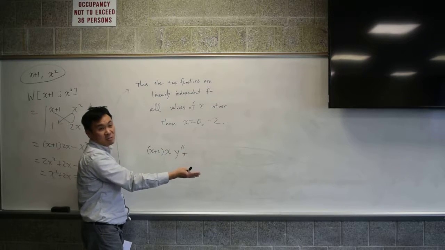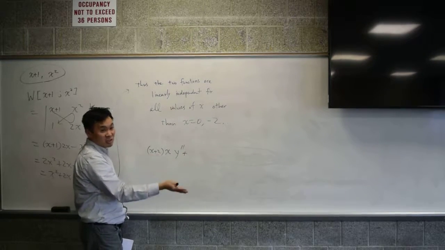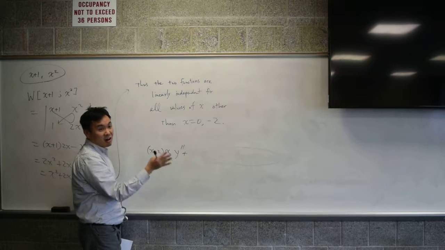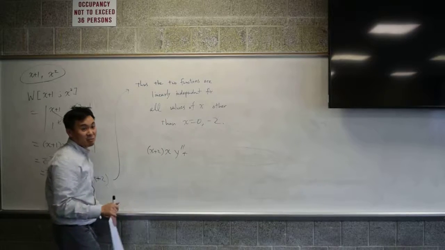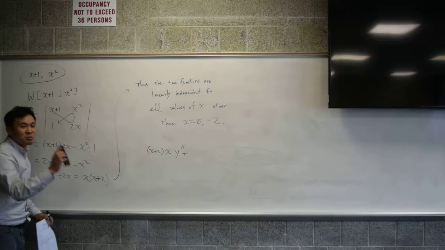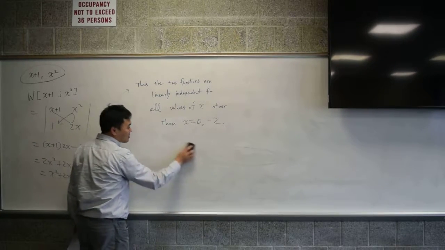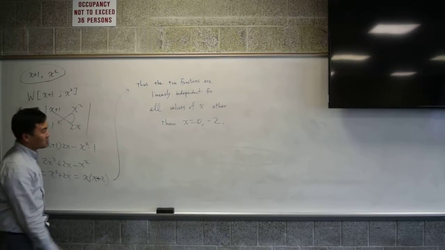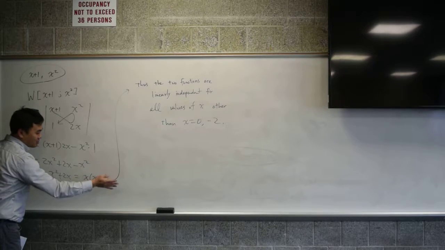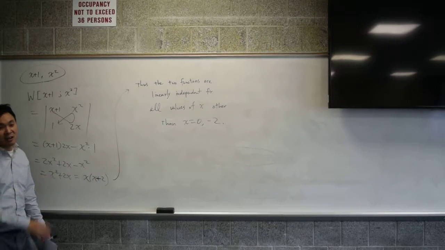In that case, it's impossible to find two solutions that are linearly independent for all real numbers. So there's some theoretical thing behind it, but for exam purposes, you don't have to go to this much depth. Just say, oh, this is non-zero, so they're linearly independent. I'll give you full credit.